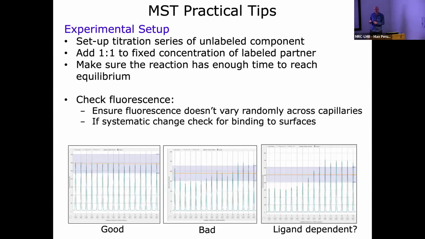This is a good test of how good you are at pipetting, so you shouldn't get much variability. Obviously, in the middle there, it's a bit random. So are things sticking, or are things not very happy? And then on the right-hand side, we can see that we're getting a ligand-dependent change in fluorescence. Well, actually, maybe we can fit that.